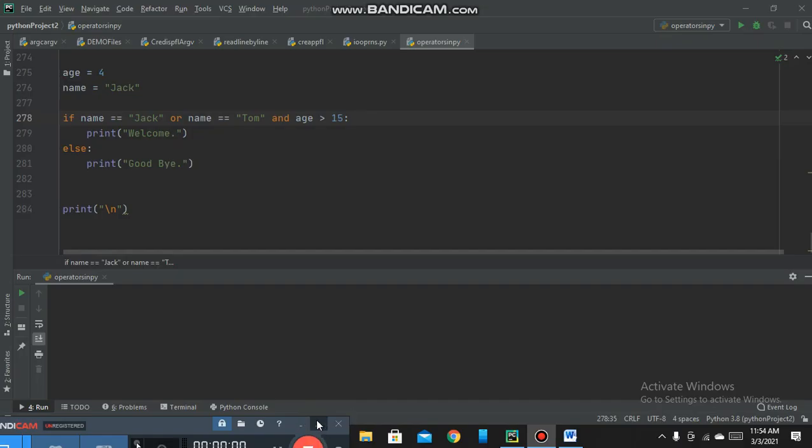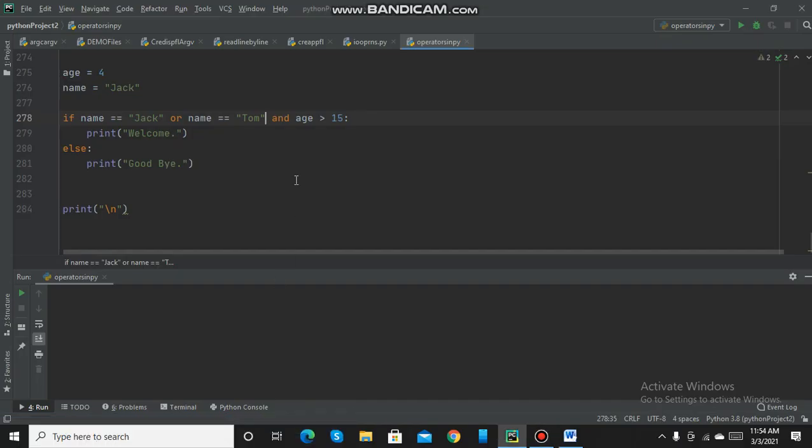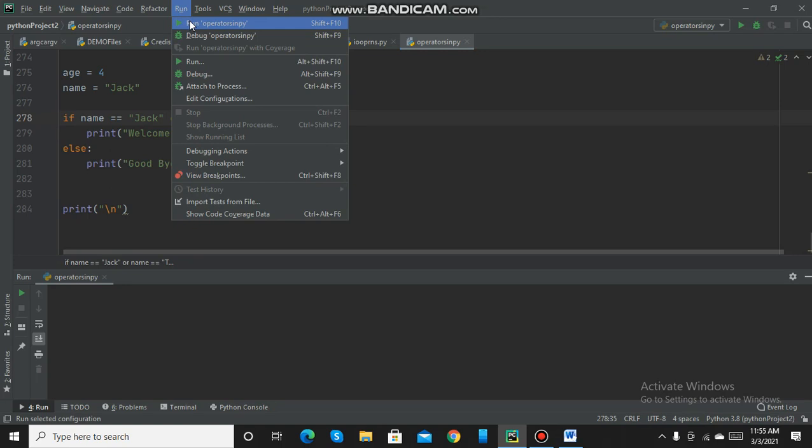Now we will see the logical OR and AND operators. Here age is 4, name is Jack. I am checking for the condition: if name equal to Jack or name equal to Tom and age greater than 15. If this condition is satisfied, print welcome. Otherwise, print goodbye. We will run this.